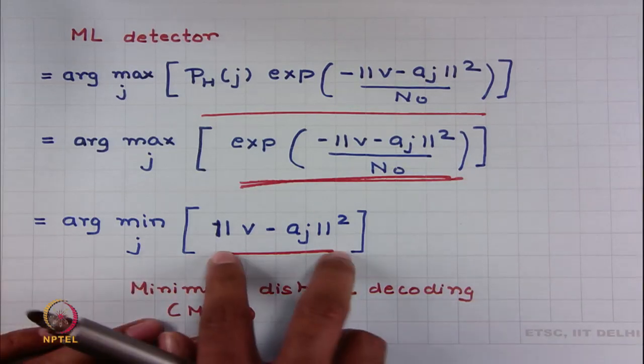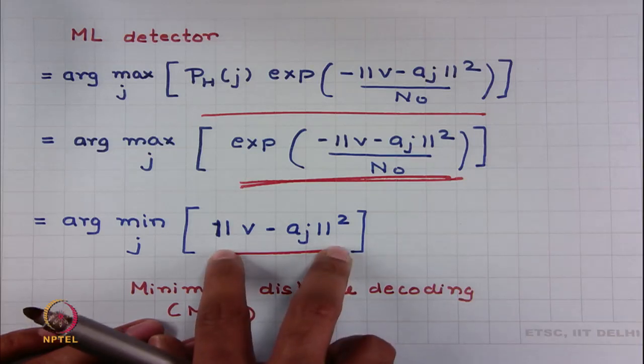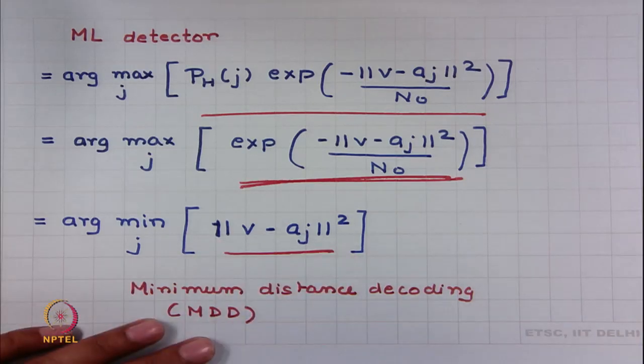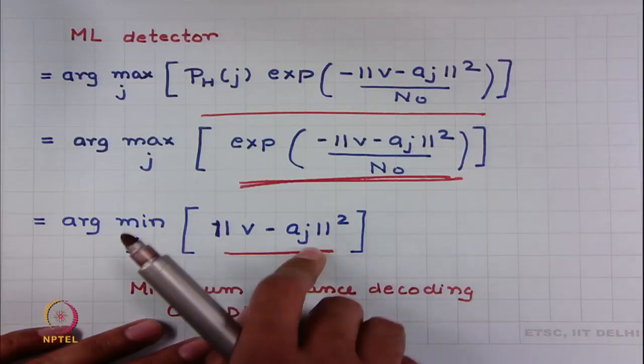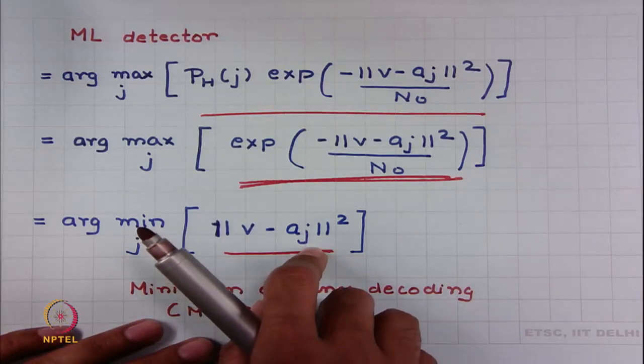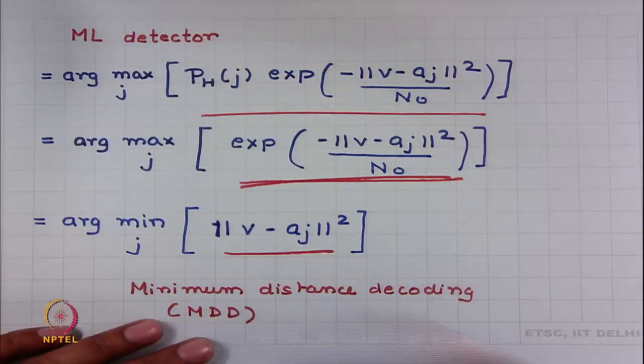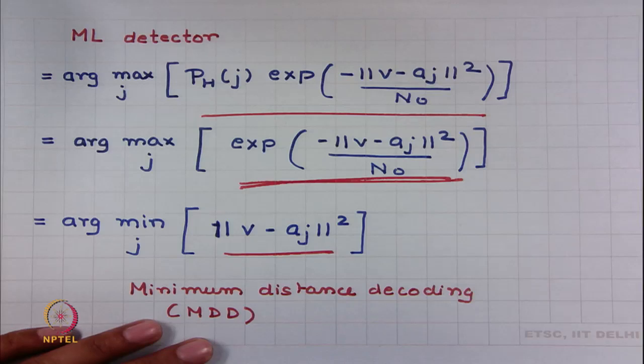And what is this? This corresponds to the square of the distance of the received vector from the symbol corresponding to the hypothesis. So, the ML detector is simply trying to select the hypothesis which minimizes the distance from the received vector.